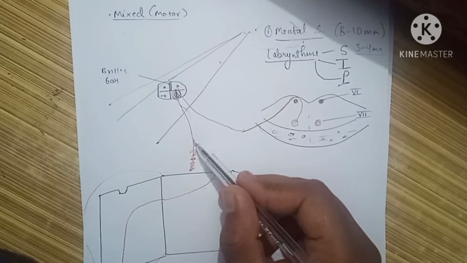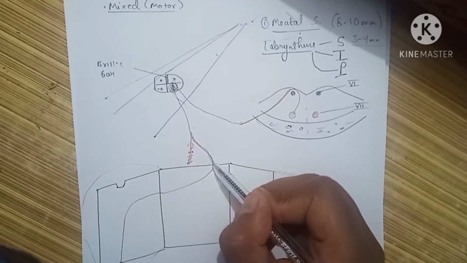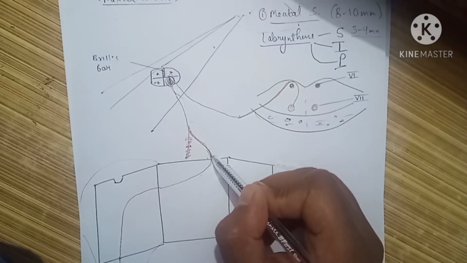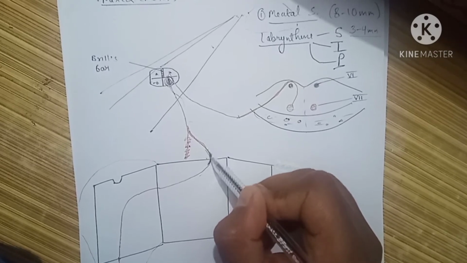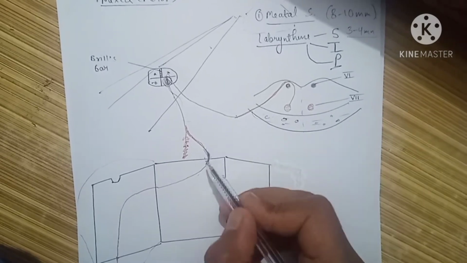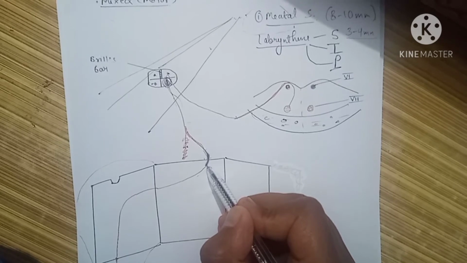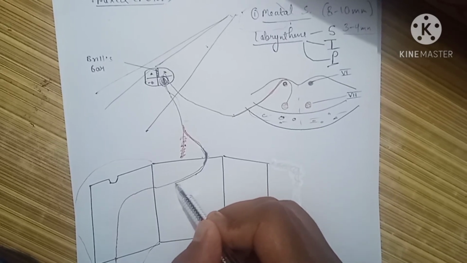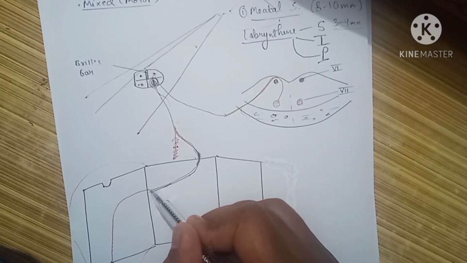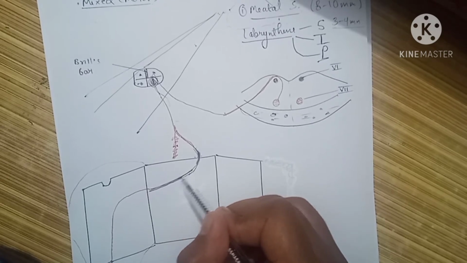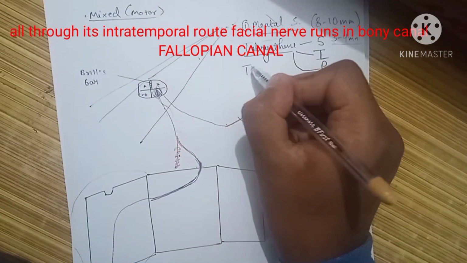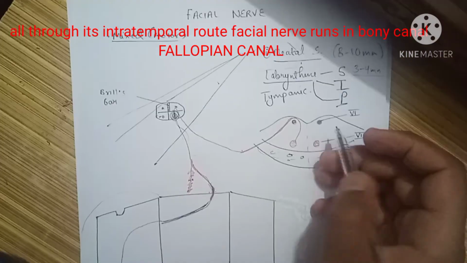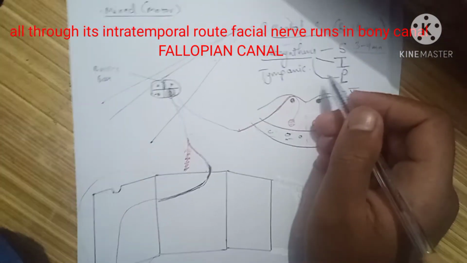Okay, so where this labyrinthine segment ends, starts our first genu, and where this first genu starts is the segment that is known as the tympanic segment of the facial nerve. So the third part is tympanic.